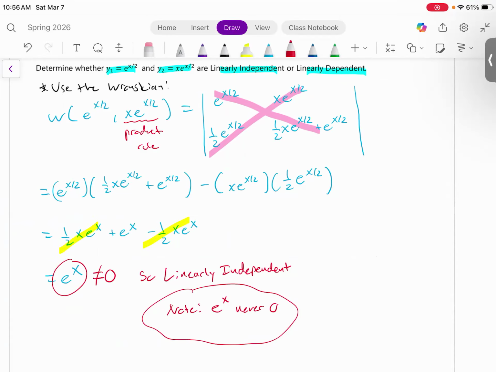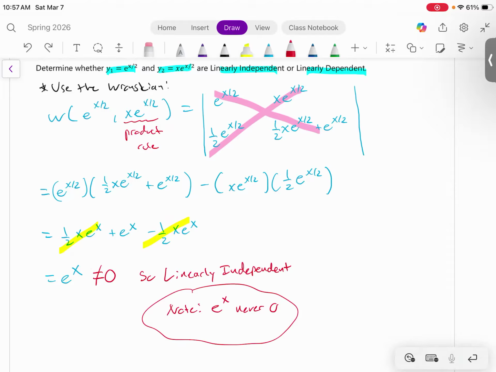Well, that's strange. It's not a number. On the last example, we got the number 1. We can obviously come to the realization that it's not equal to 0. But the great thing about exponentials is that we know they never equal 0. So we know for a fact that e to the x would never be 0. So we can say not equal to 0. So that means that these two functions are linearly independent.